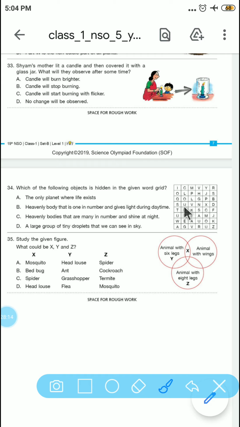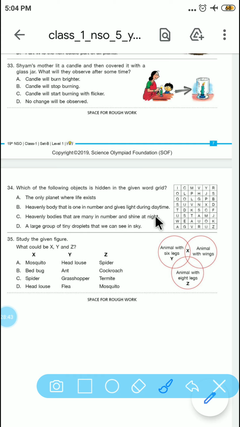Okay. Heavenly bodies that is one in number and gives light during daytime. So what is it? The only heavenly body which gives light in daytime is the sun. Okay. Now heavenly bodies that are many in number and shiny at night.